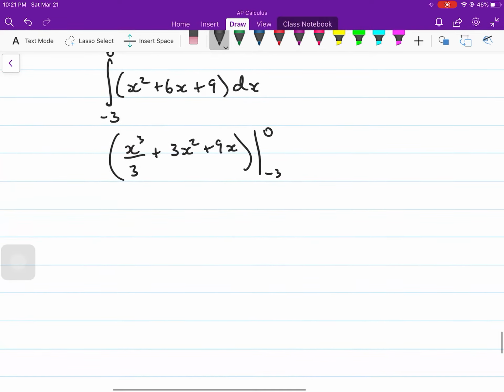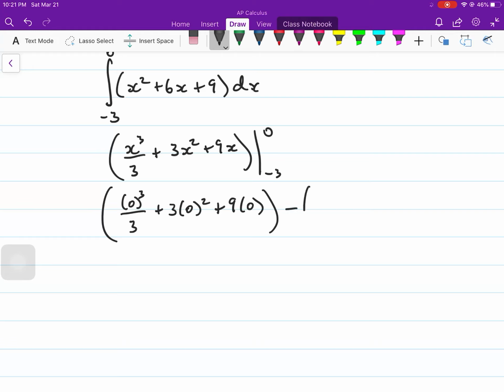Let's go ahead and substitute this in. So we'll have 0 cubed over 3 plus 3 times 0 squared plus 9 times 0, minus negative 3 cubed over 3 plus 3 times negative 3 squared plus 9 times negative 3. And all this is just 0, that's easy.